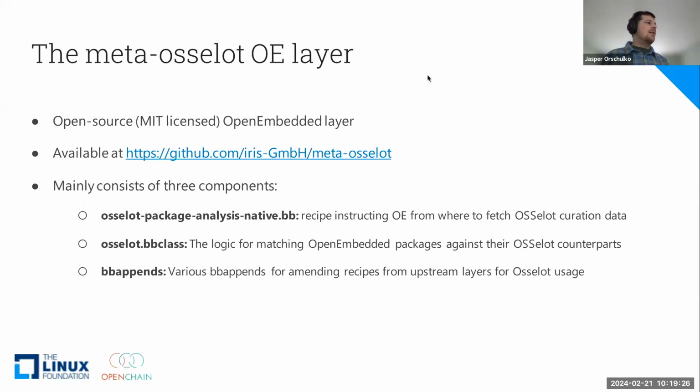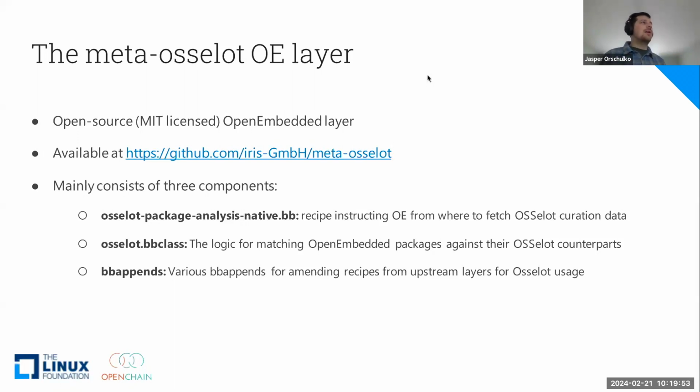Basically it instructs OpenEmbedded on how certain tools are built or fetched. And also you have BB classes, which basically are shared code that you can use throughout recipes. And this layer basically wraps it all together in an easily shareable collection of code.